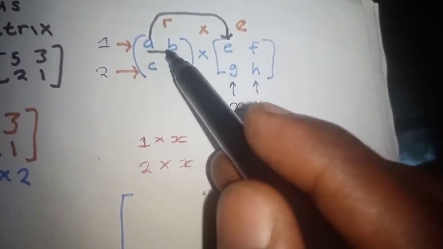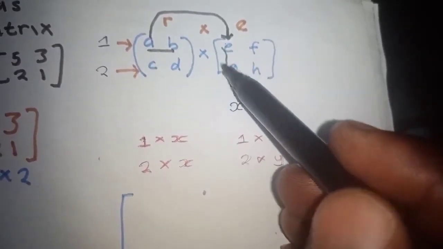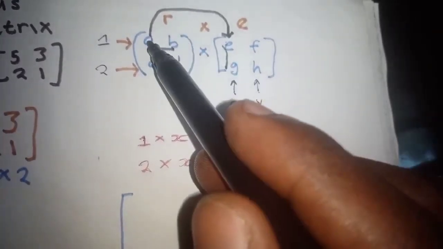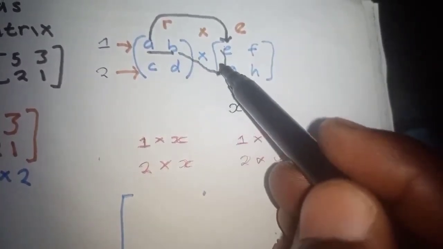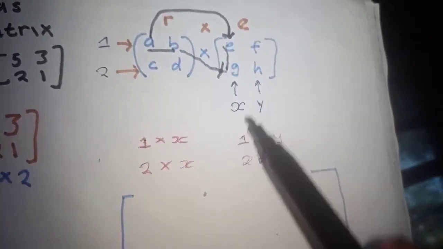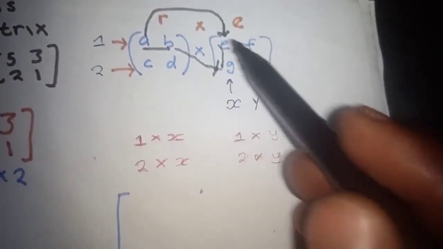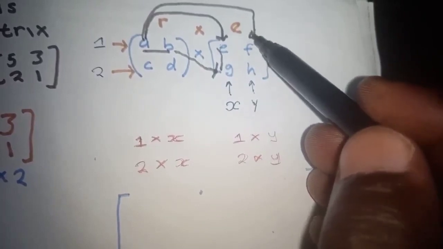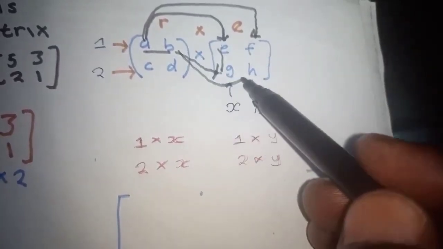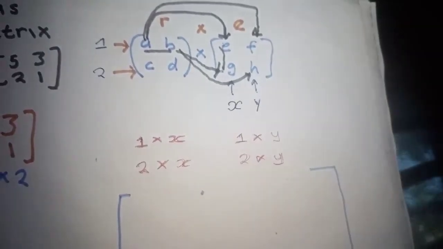So this row multiplies with this column, but A multiplies with the number on top and B multiplies with the number down. The same thing happens again: A multiplies with the number on top, and B multiplies with the number down.